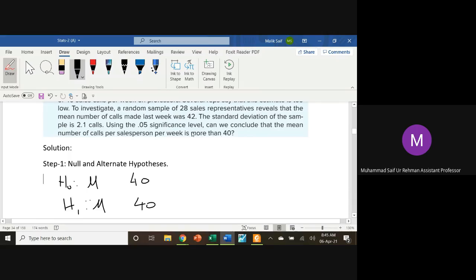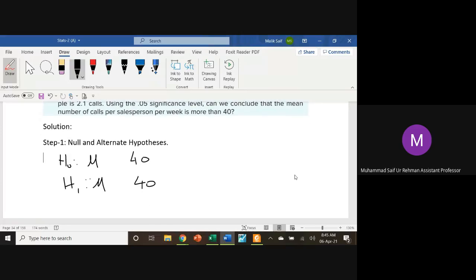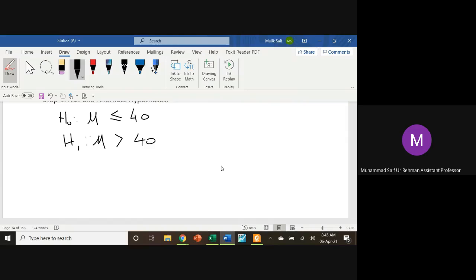The word more is helping you in writing down the alternate hypothesis, so you will put the more than sign over here, more than 40. The other two possibilities, less than and equal to, will be there in the null hypothesis. In this way, you will construct the null and alternate hypothesis. Fine. Then comes step two.